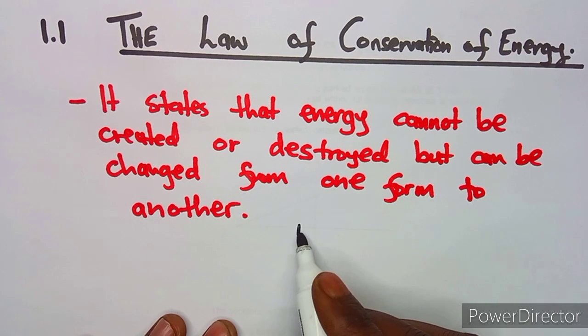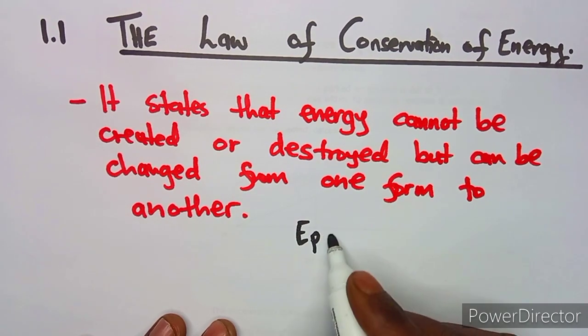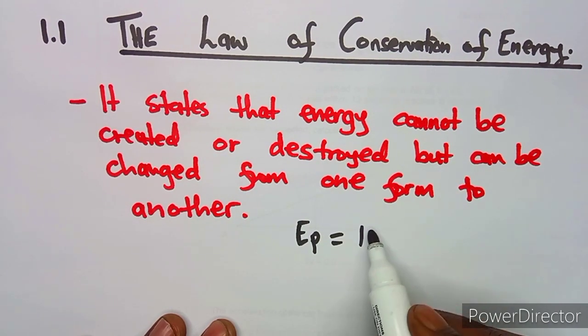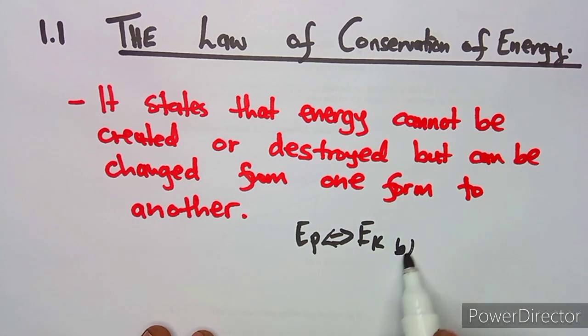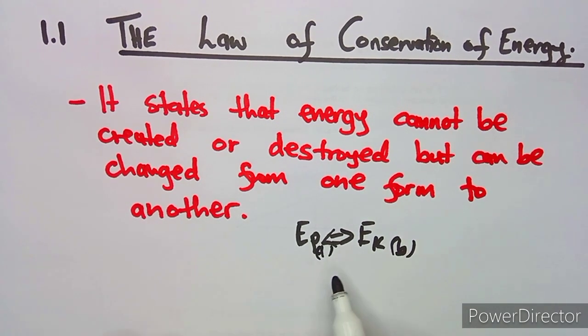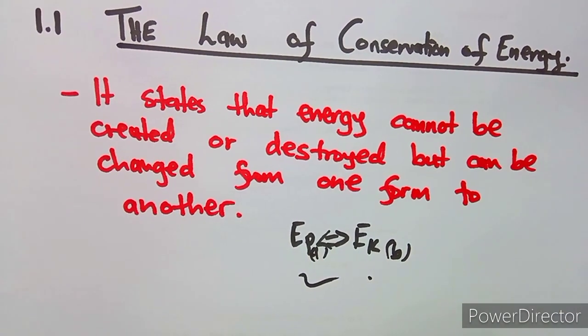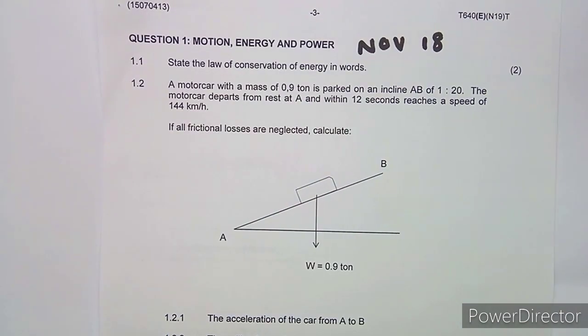That is how you work out the energy conversion taking place, where EP at the top is equal to EK at the bottom. So that is all about energy. You're converting from one form to another, mechanical to electrical, and so forth.